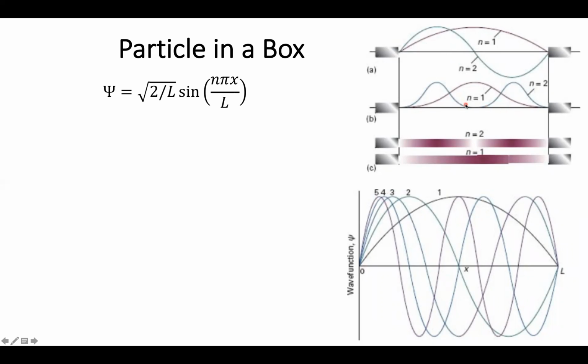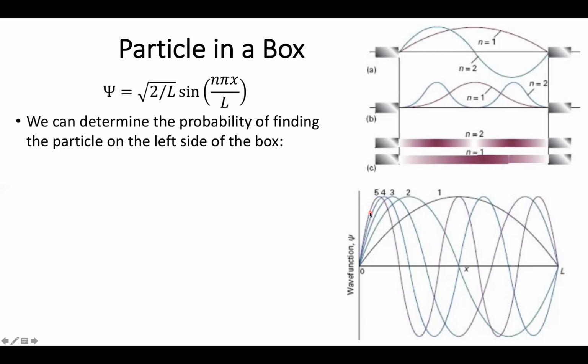However, when we go to n equals 2, we notice that we have a positive wave function on one side, negative wave function on the other. However, when we go to probability density, we tend to find that most of the probability is now moving towards the two sides. We're more likely to be caught near the edges. And again, this is essentially emphasized as we go towards the third, fourth, and fifth energy level.